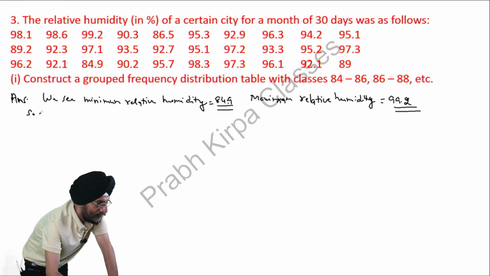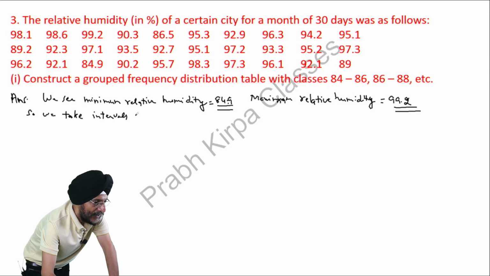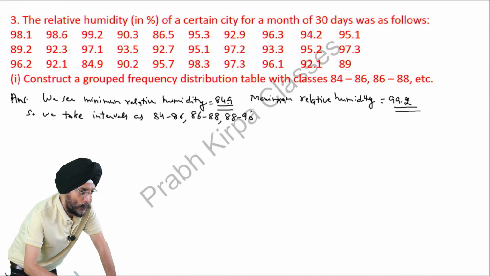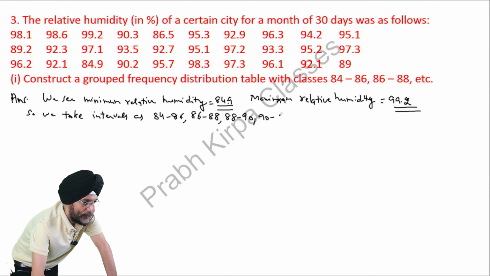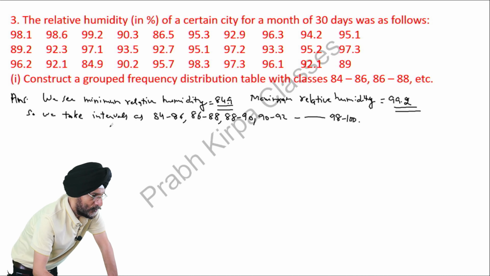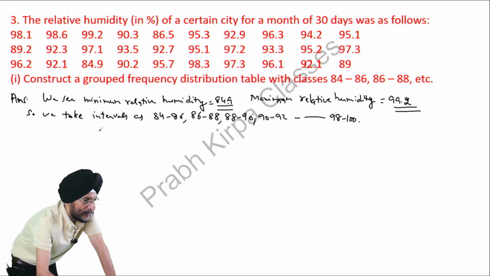So we form intervals as 84 to 86, which will cover 84.9, then 86 to 88, 88 to 90, that is, we will add 2 each time, 90 to 92 and so on up to the point which covers 99.2. So it will be 98 to 100. So now we will form the table.